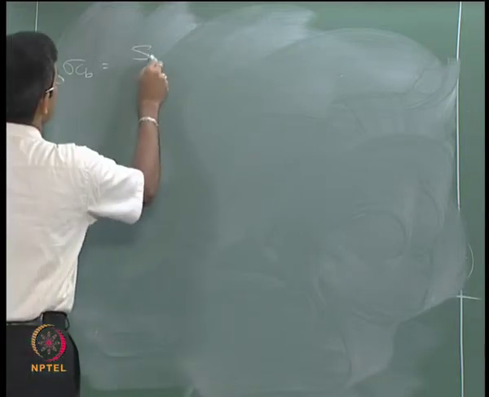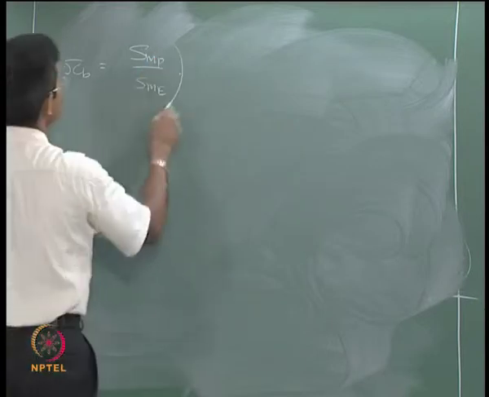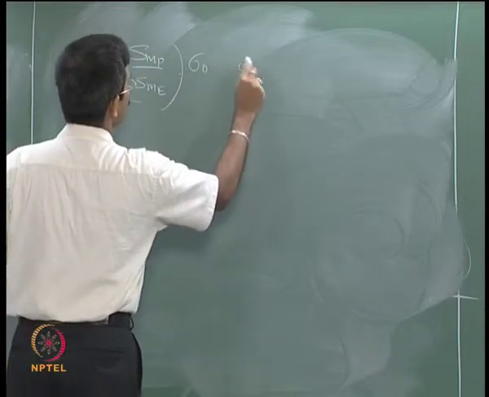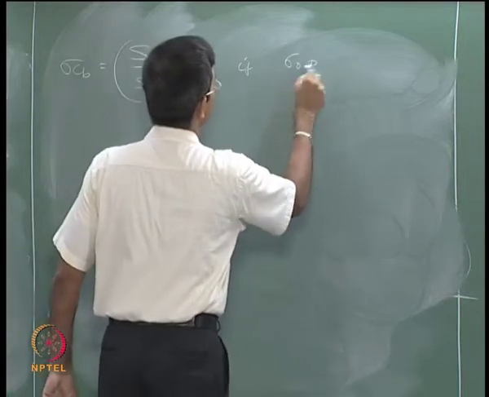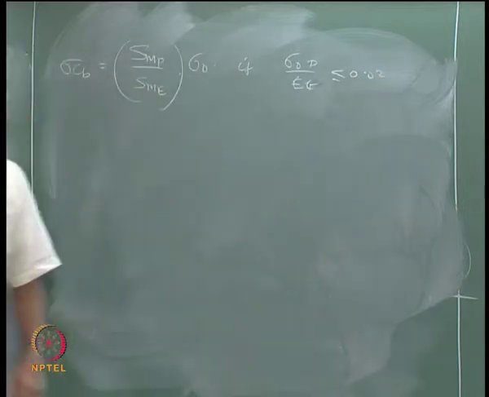Then sigma CB is given by a couple of equations, which is SMP by SME into sigma naught if sigma naught d by Et is less than 0.02.